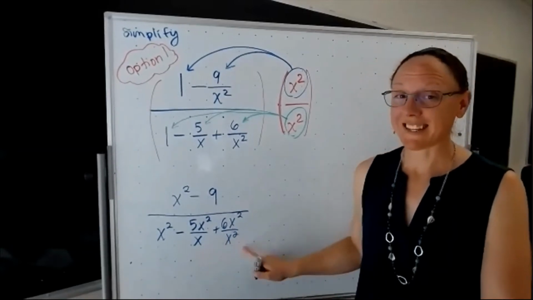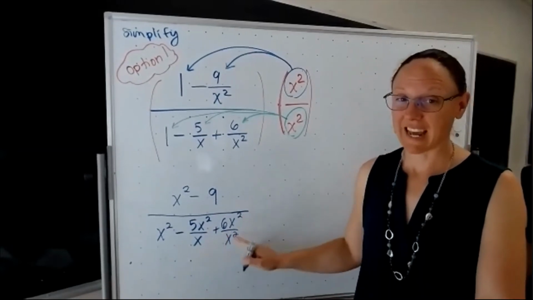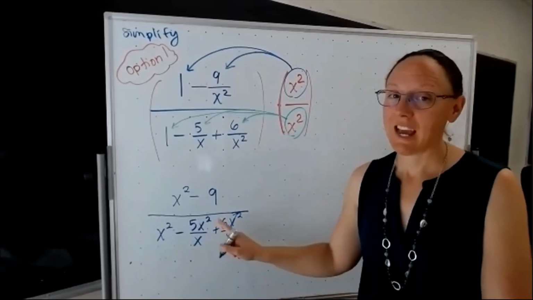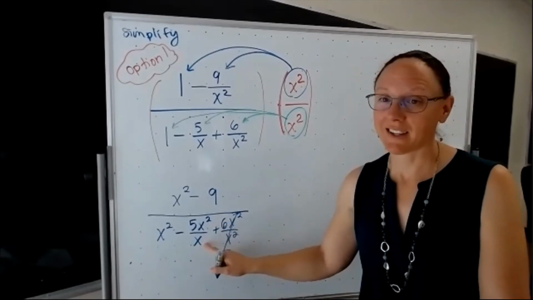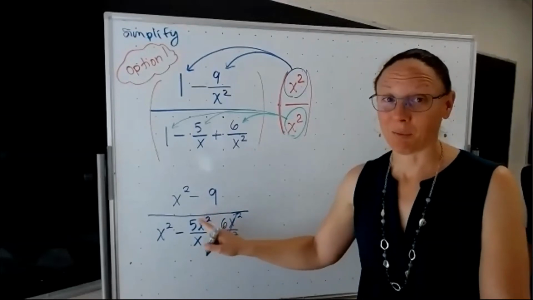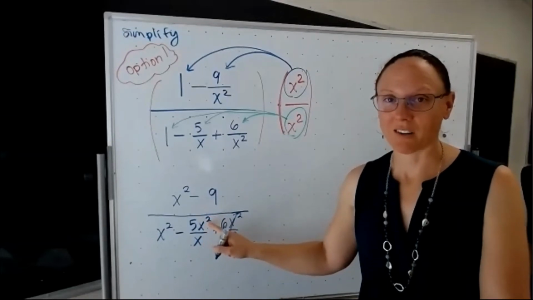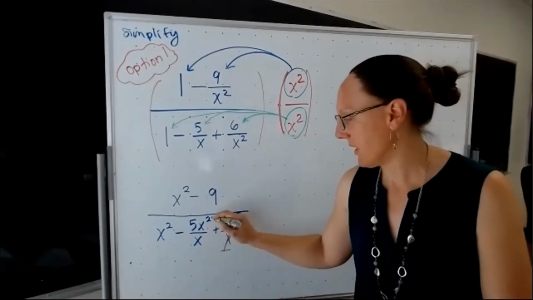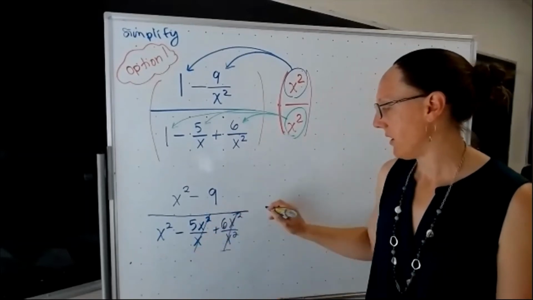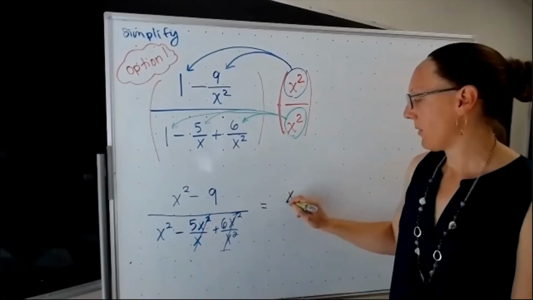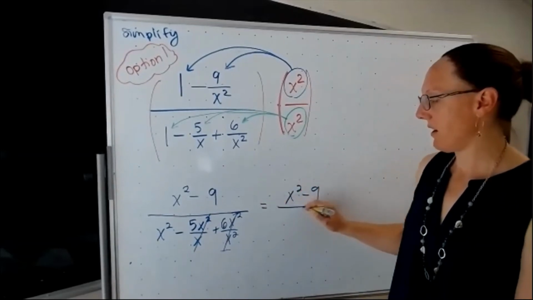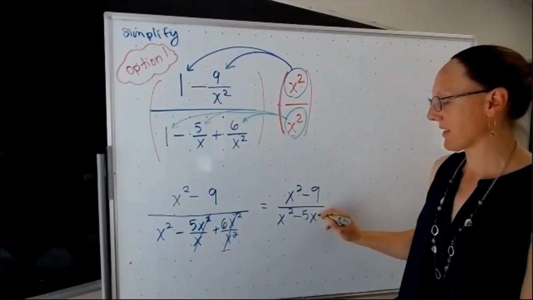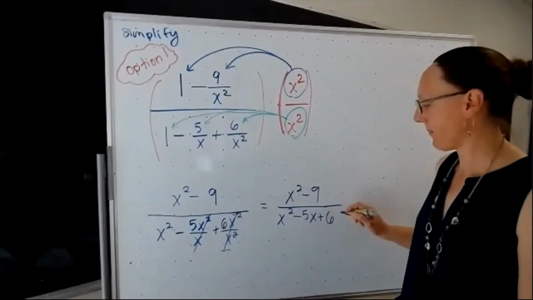Well, both of these can now simplify because x squared over x squared is going to be a 1. And that x squared over x, I can break that x squared apart, think about it as x times x, and one of those is going to cancel. So on top, I've got x squared minus 9, and the denominator, I'd have x squared minus 5x plus 6.